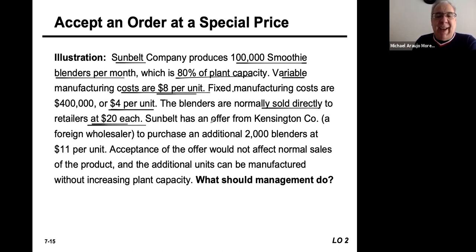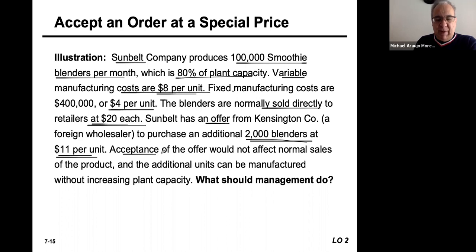So Sunbelt has this offer from Kensington Company, which is a wholesaler, to purchase an additional 2,000 smoothie blenders, but at $11 a unit. Just these extra 2,000 would be at $11 per unit.